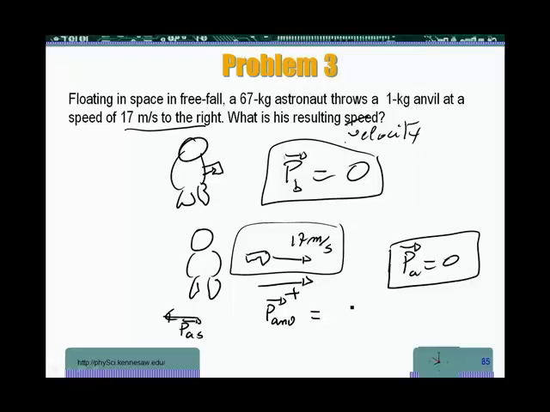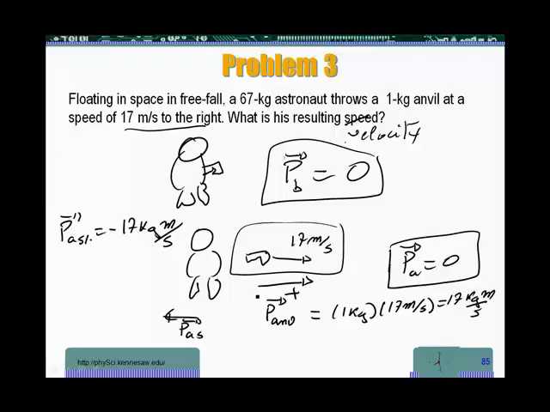The momentum of the anvil is 1 kilogram times 17 meters per second, which is 17 kilogram meters per second. Now, the momentum of the astronaut should be equal to minus 17 kilogram meters per second. So both of them will add up to 0. The minus tells us he's going to be moving towards the left.